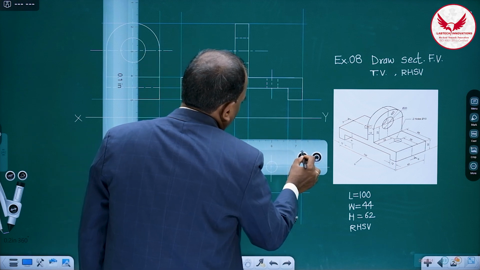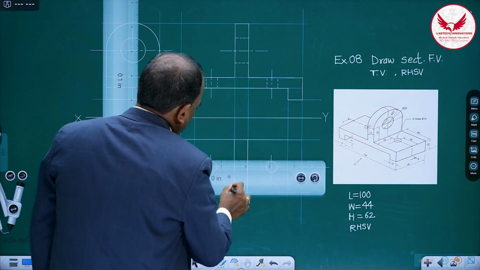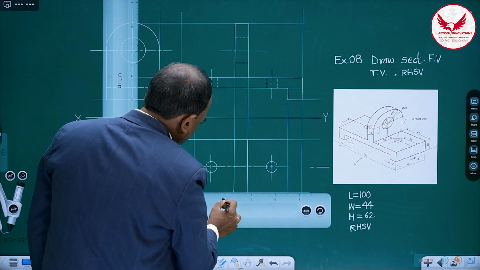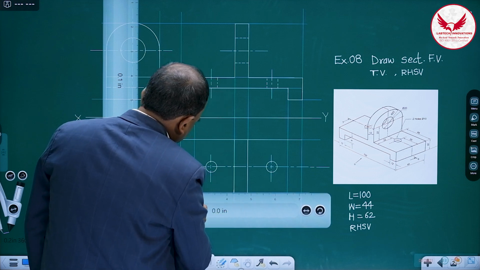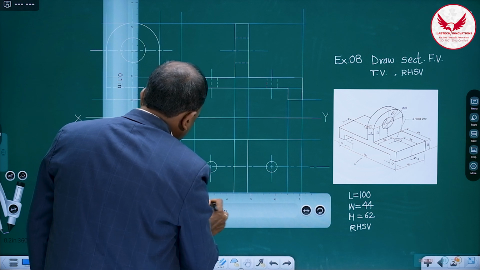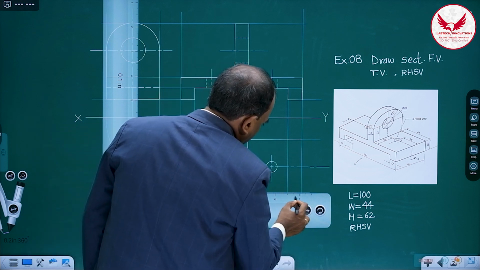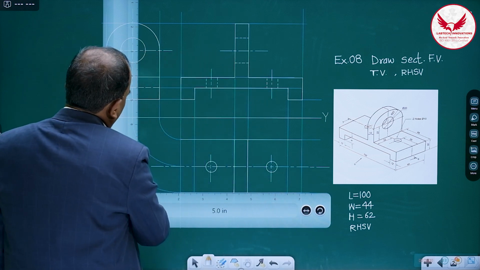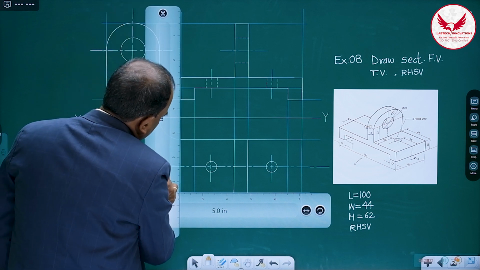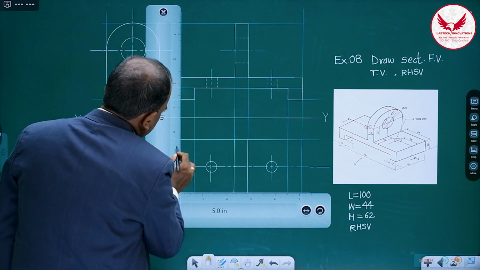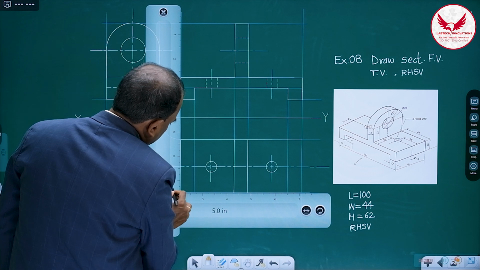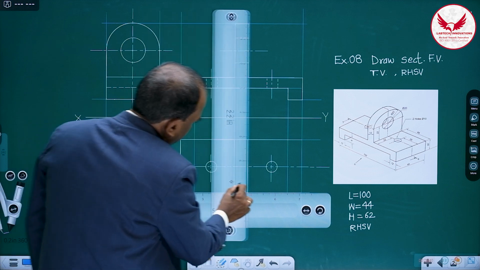It's 100 throughout, and this is also 100 throughout. Then it's 44.